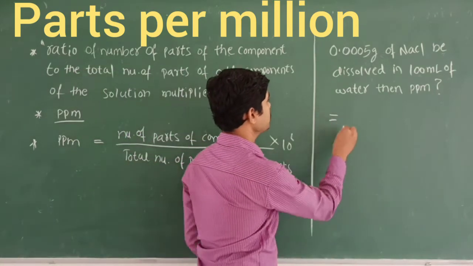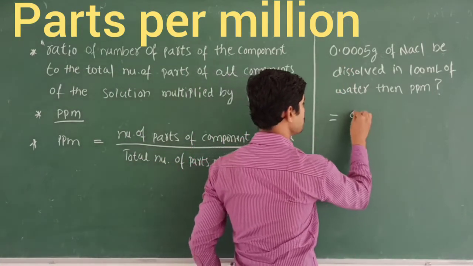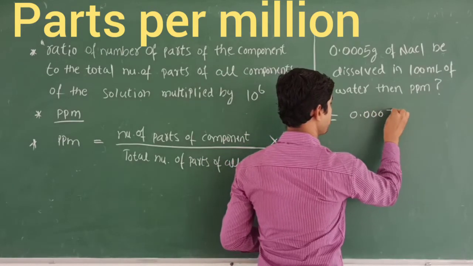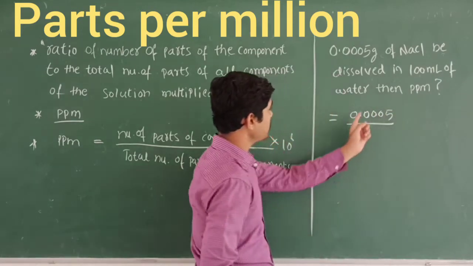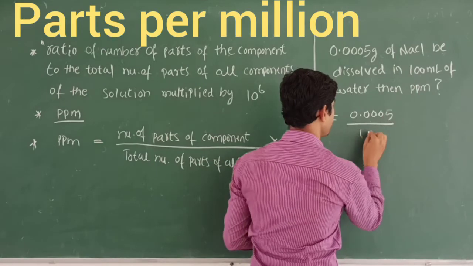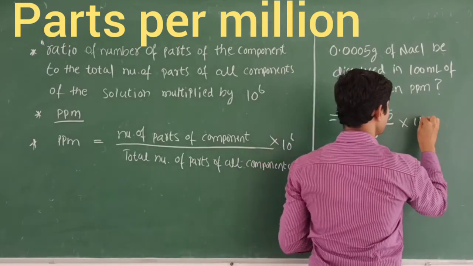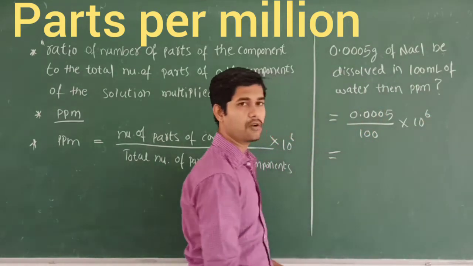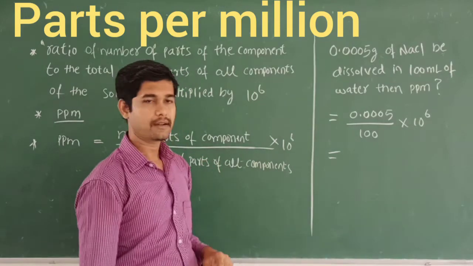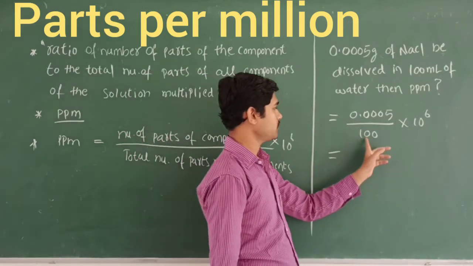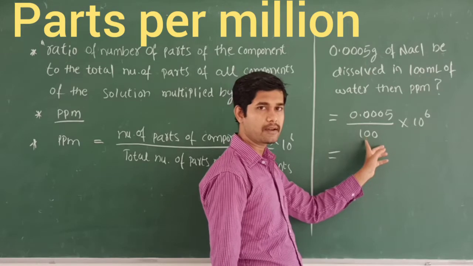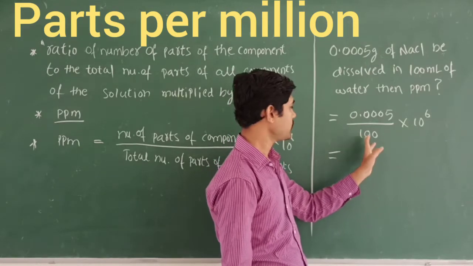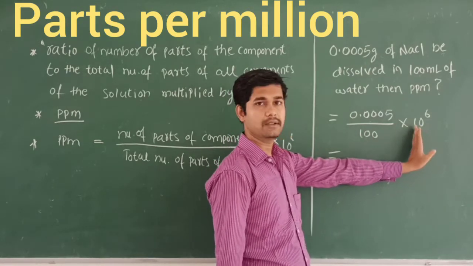So we have 0.0005 gram divided by total 100 ml, into 10 power 6. You should convert into parts per million, right? Very simple calculation. 100 is 10 power 2, and in the numerator 10 power 6.